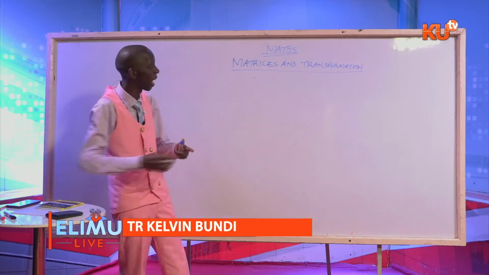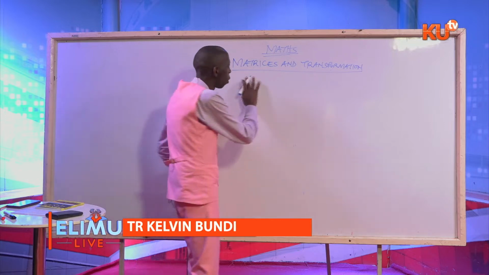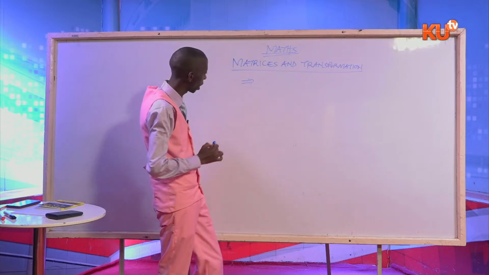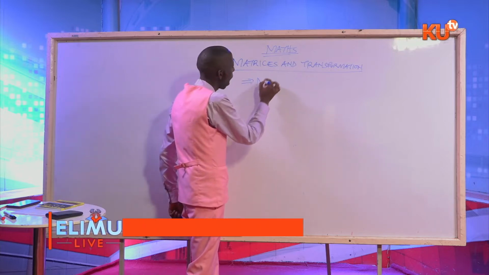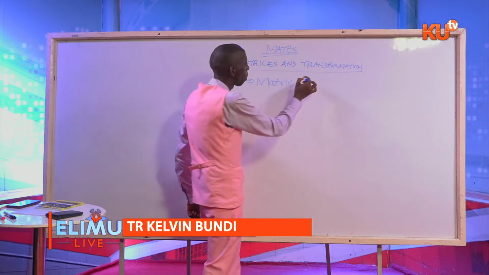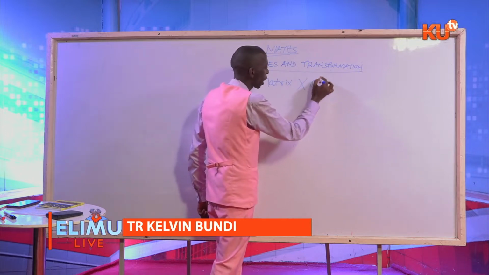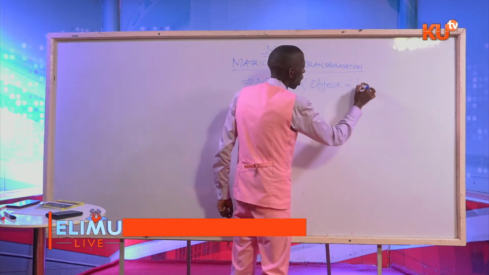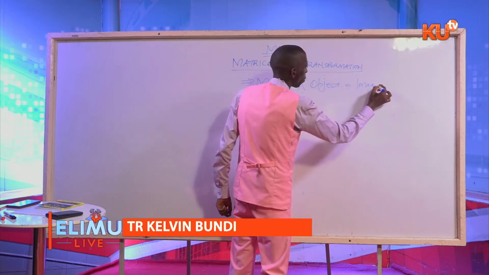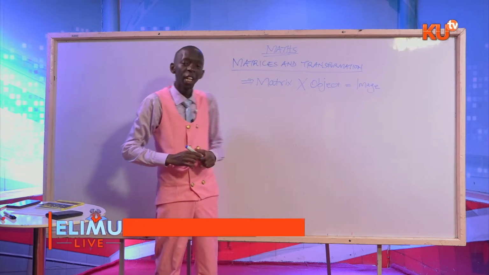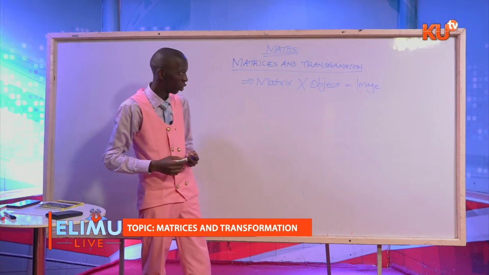One concept you need to understand, my dear students, is that a matrix of transformation multiplied by the object gives us the image.